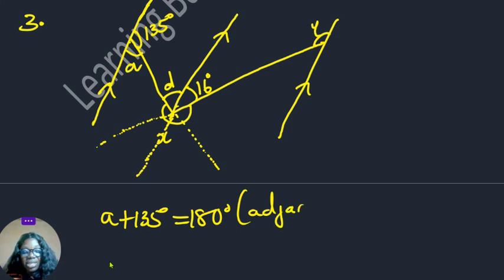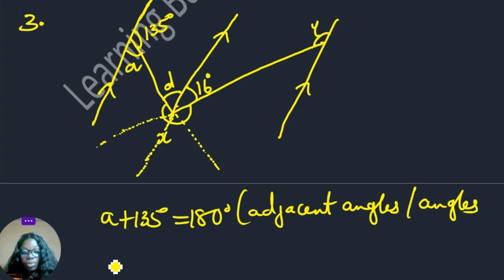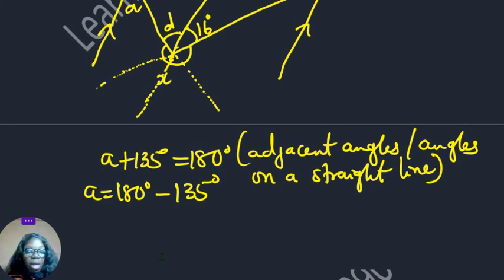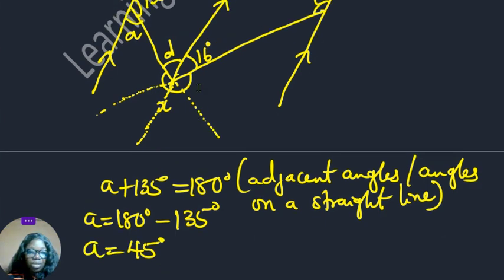We can say they are adjacent angles, or they are angles on a straight line. So we're going to have A equals 180 degrees minus 135 degrees, and that will give us A is equal to 45 degrees. So that's the value of A.